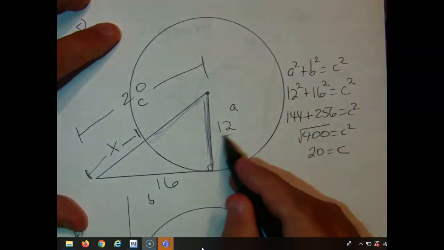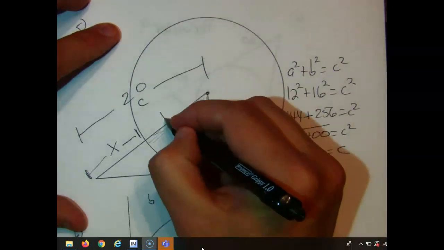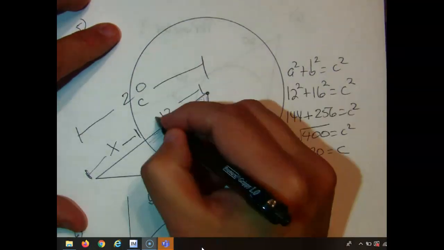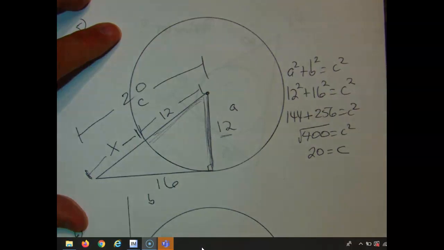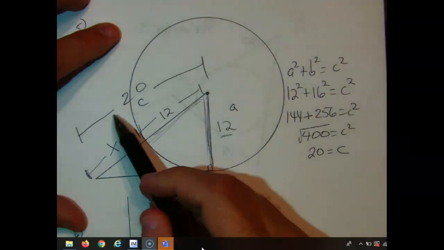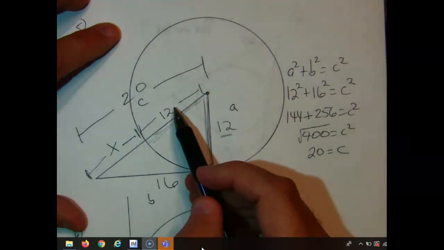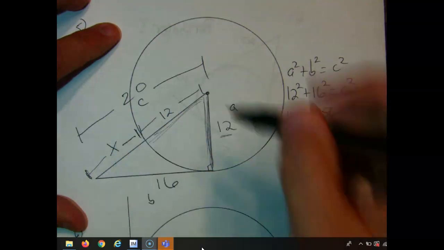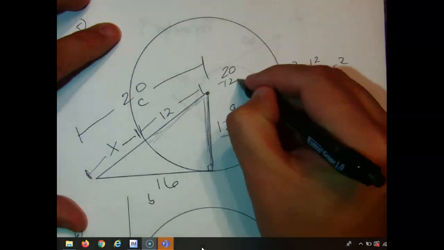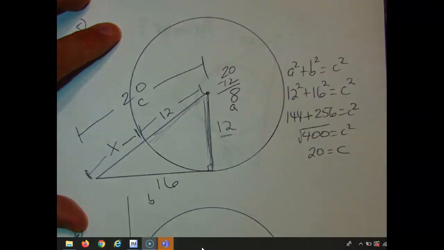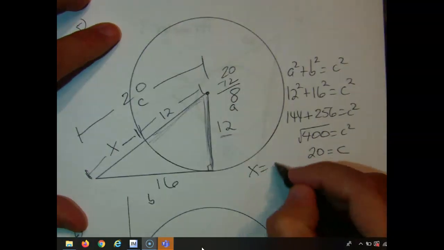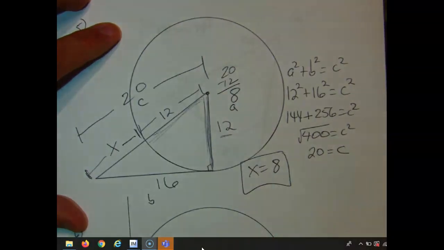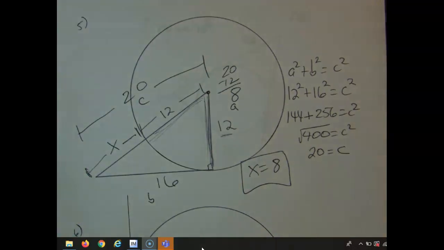So if this line is 12, this would also be 12 because the radius remains the same. Now I can solve it. This is 20, that's 12, here's x. So 20 minus 12 gives you 8. So x equals 8.